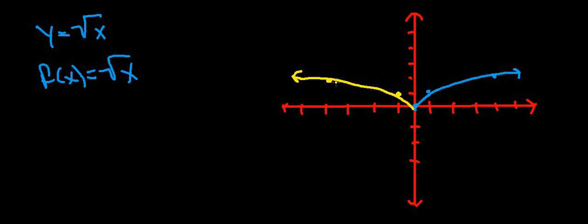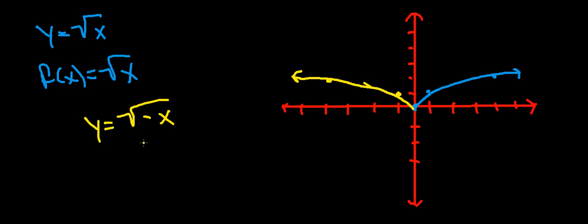And you might say, well, how is that possible that we're putting in minus x's and getting real answers? Well, the only way we can do this is by putting a minus sign underneath the radical. So we would get y is equal to the square root of minus x.